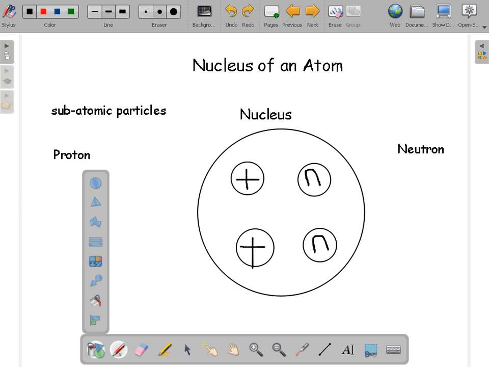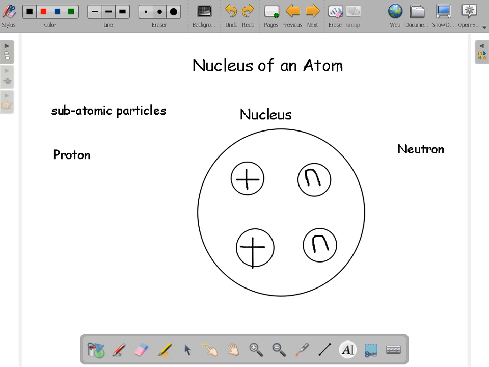The one with plus in it is our proton, and the one with n in it is our neutron. The reason I've labeled the proton as plus is because protons themselves are positively charged.